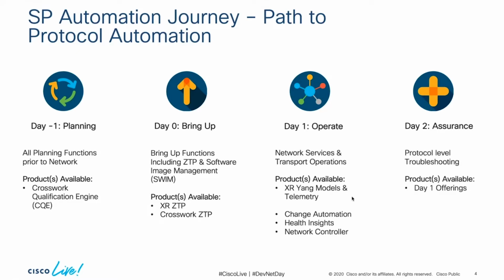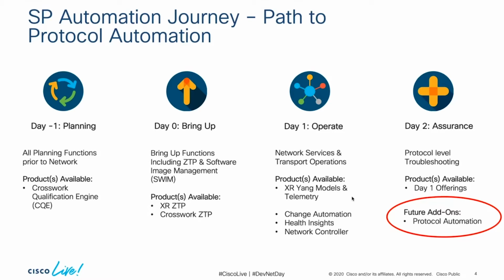This is where protocol level troubleshooting comes in, and specifically, protocol automation comes in. It's important to understand a lot of the day 1 offerings do have some form of assurance built into them. But when it comes to protocols, that's where some of the work that we are doing comes into play. Okay, now I'm sure you're probably thinking, hey, hang on, what is this protocol automation?